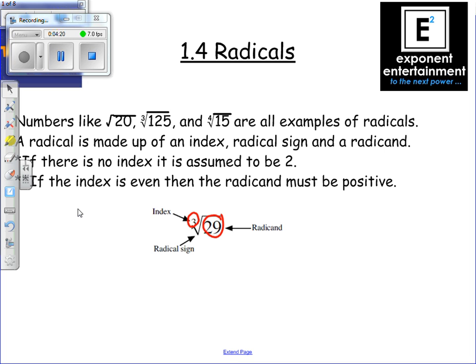And the cube root of 8? 2. 3 times 2 is equal to 6. So everything we're doing today is off the basis that we can do that with our radicals.